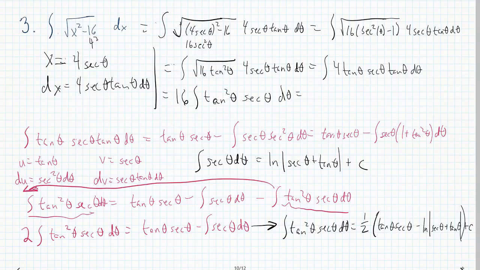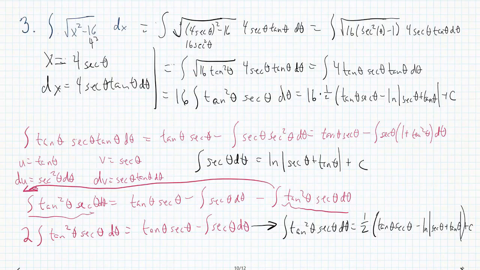This equals, then going back to our original, 16 times 1/2 times tangent theta secant theta minus the natural log of secant theta plus tangent theta plus constant c. Now you might say, oh, we're done, everything's hunky-dory.